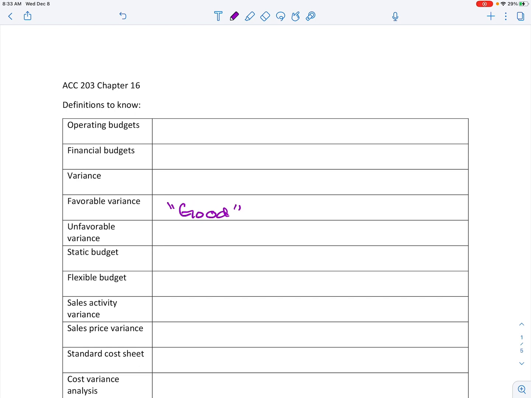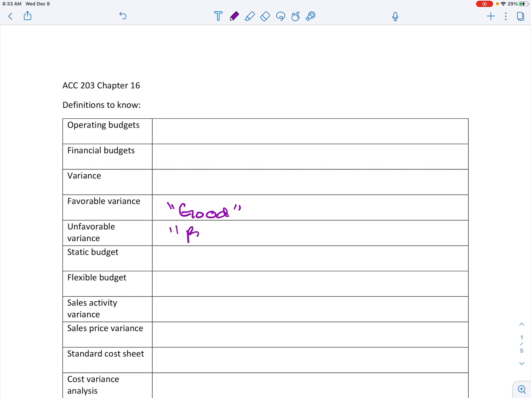I really want you to get away from that. I want you to analyze and look at what actually happened. Did I spend less money than I thought I was going to? Or did I use less hours than I thought I was going to have to? That would be a good favorable variance.